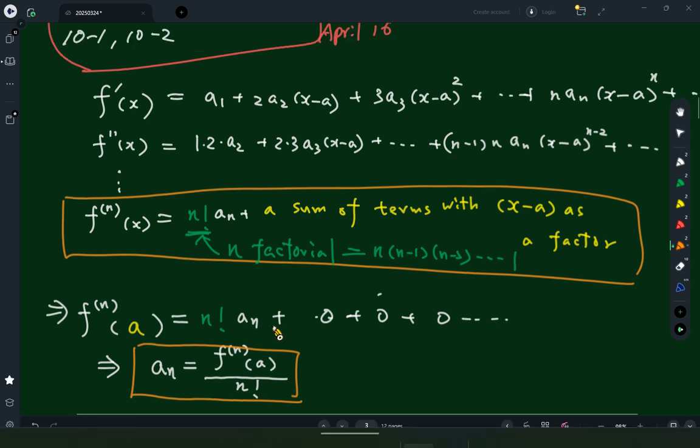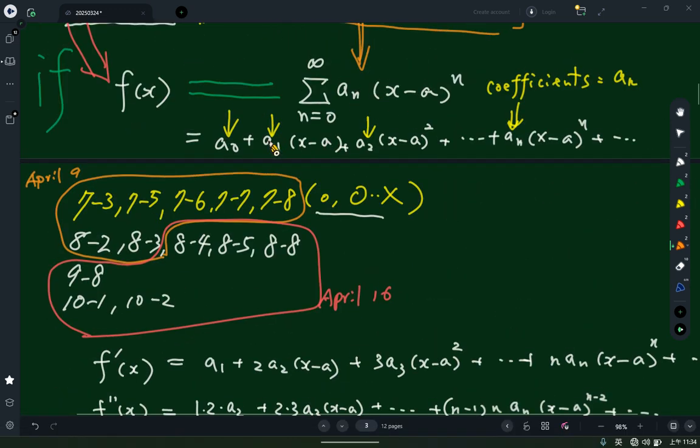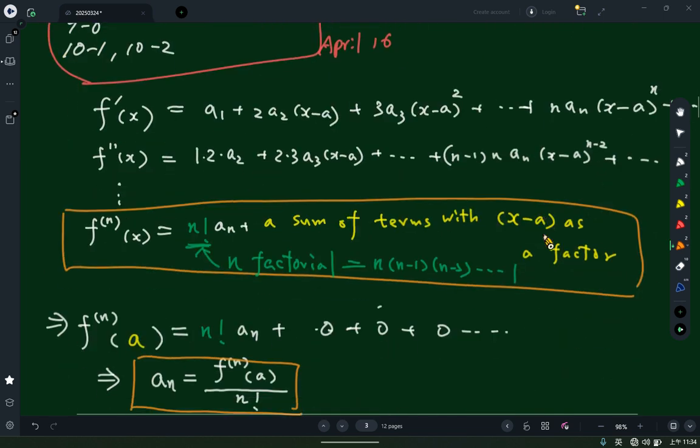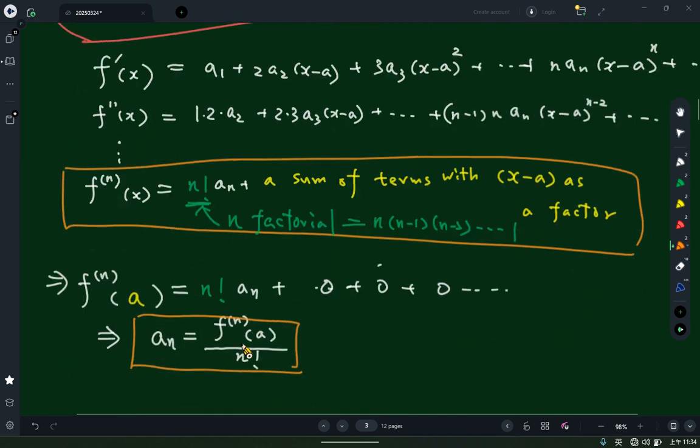Did you remember our purpose is to get a0, a1, an, and an plus 1, an plus 2, right? So right now we can conclude an should be this one: the nth derivative of f at a over n factorial.